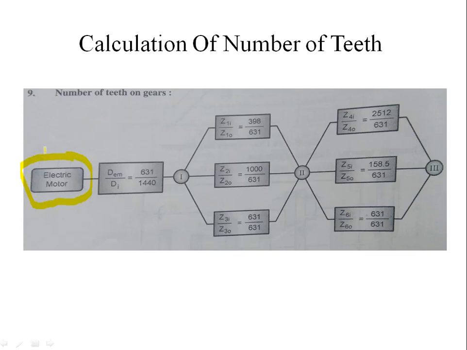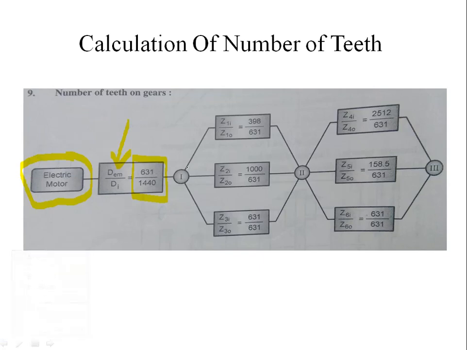It has some speed, suppose let's say 1440 rpm, and you are reducing that speed from the electric motor speed to the input shaft speed, that is 631 rpm. That is reduced by the diameter ratio of the electric motor and the input shaft, maybe by a belt drive, chain drive, or other drives. So 1440 rpm is reduced to 631 rpm.